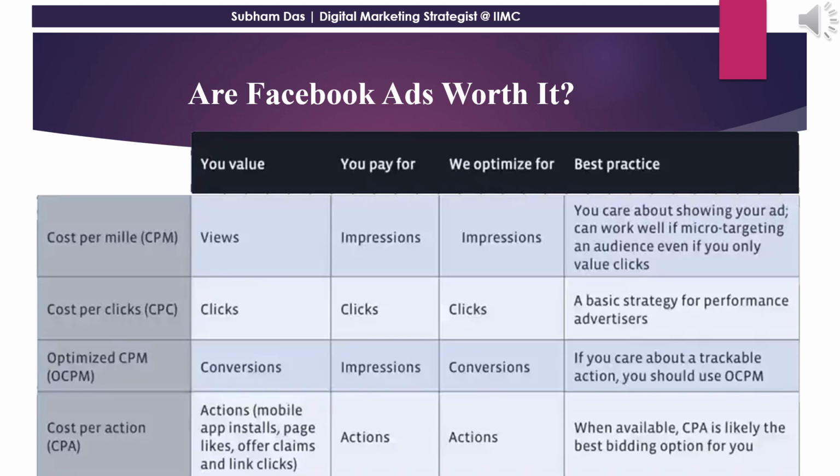There is also optimized CPM, where you want conversions, so both impressions and conversions. You would pay for impressions, but that will get optimized for conversions on your website. So that is Facebook optimized CPM ad.